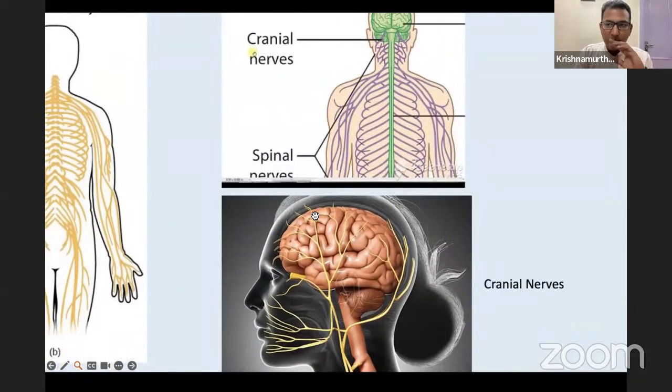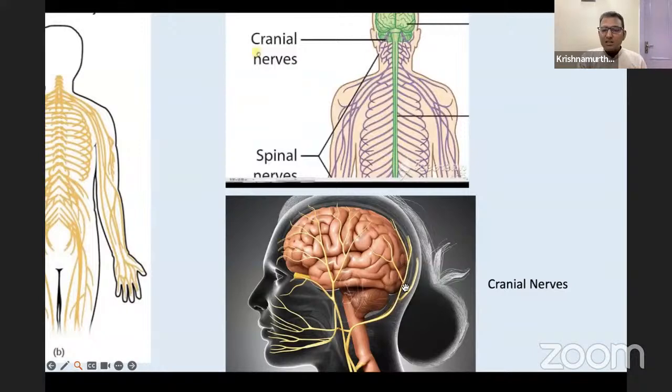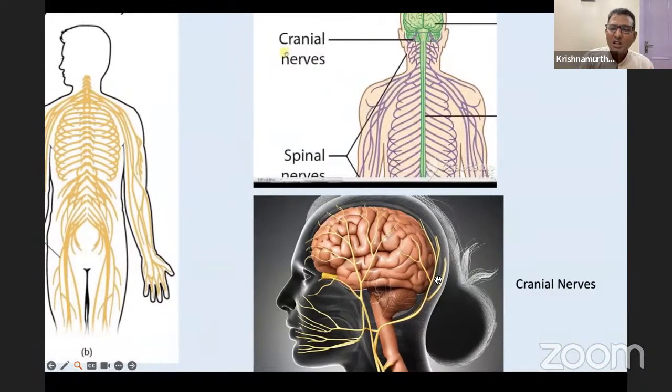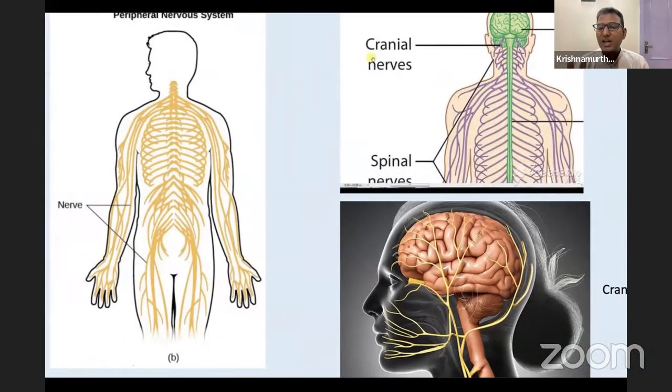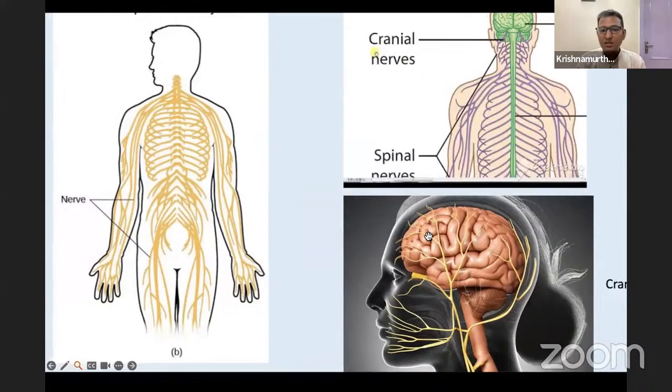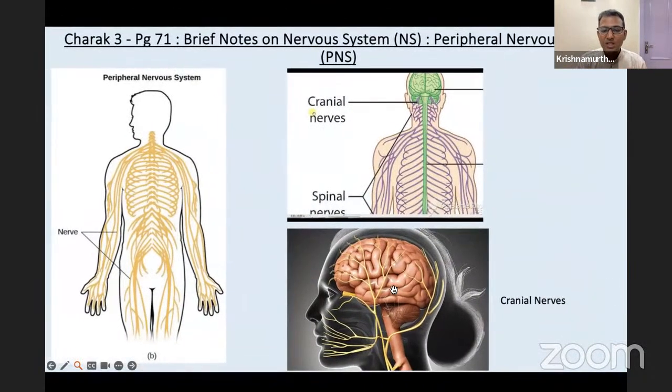And the cranial nerves, there are 12 pairs. Once again, I'll not go into the details. Mainly, it covers the facial part. If you see this, you will see the nerves are mainly covering the parts of the face and the surfaces of the brain.